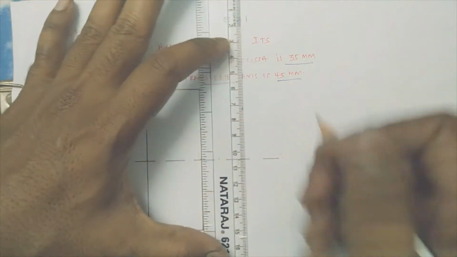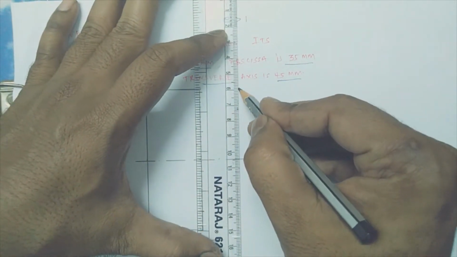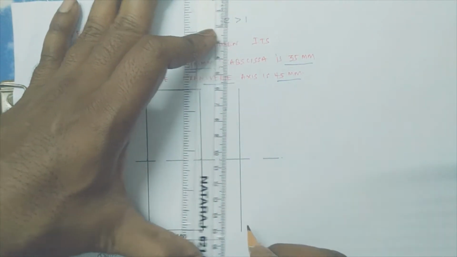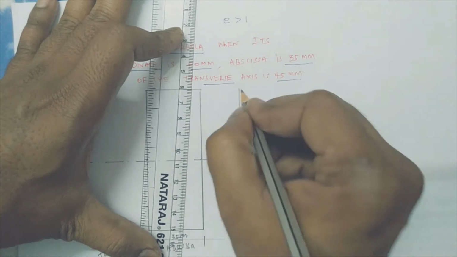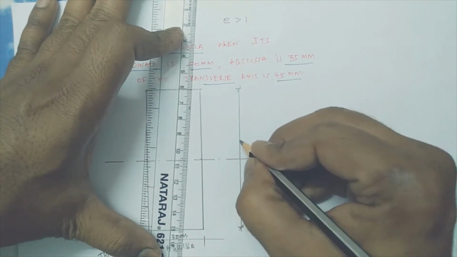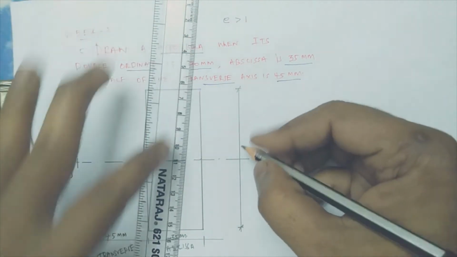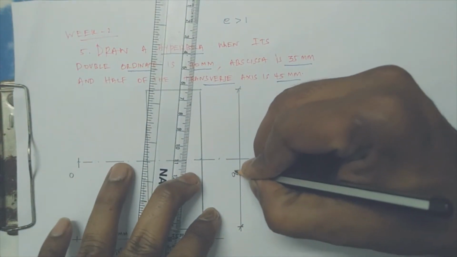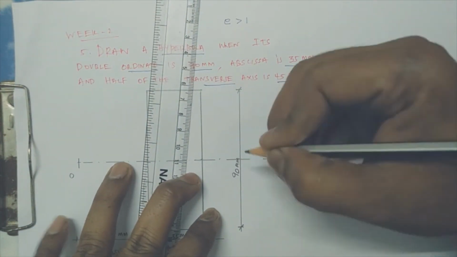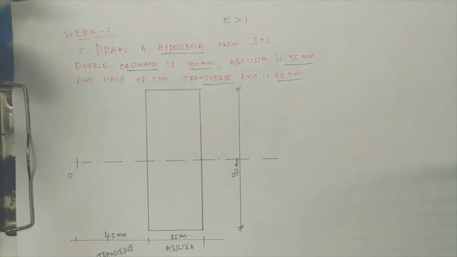The overall height of the hyperbola, the ordinate, is 90 mm. We show only the dimension, not the unit. So this is the overall figure.